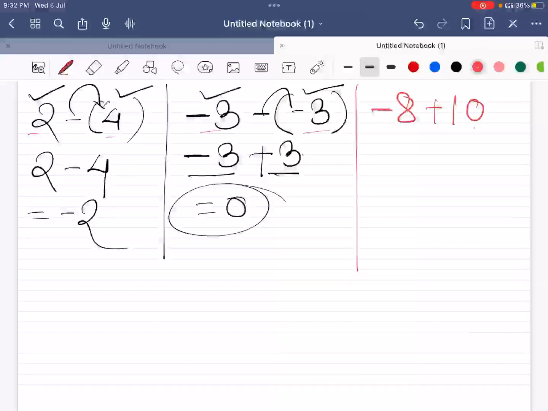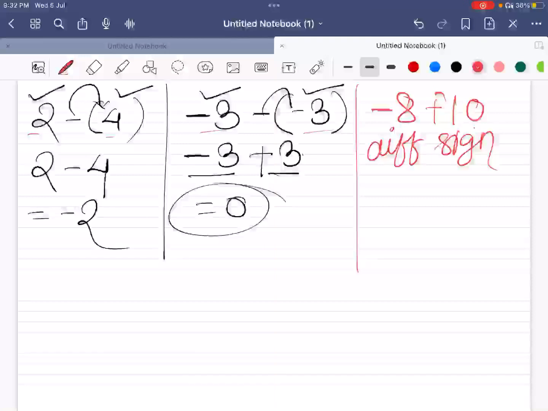Now the second condition is first number is negative and second number is positive. Again see, here we get different signs. So we observe there are different signs. So if different signs are there, then we have to subtract.